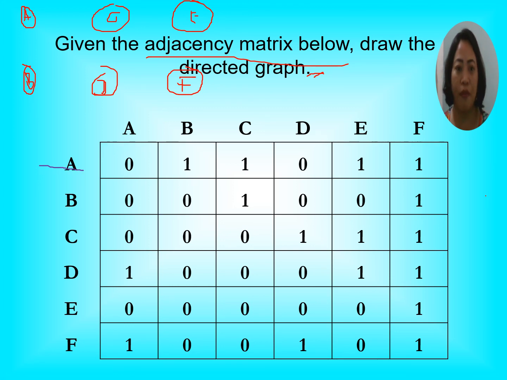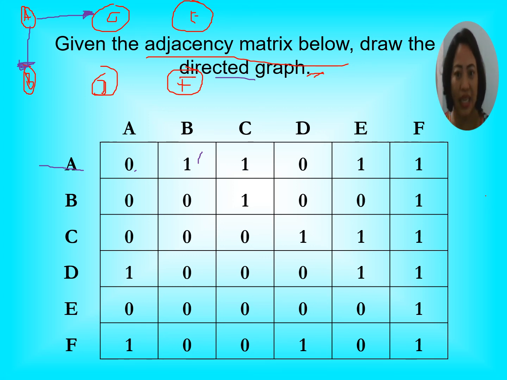From A to A is 0. From A to B it has 1, so from A to B it has a direction, so there is an arrow. This is a directed graph, so I must have an arrow. From A to C, again it has an edge, so there is a direction from A to C. From A to D is 0, so there's no connection.